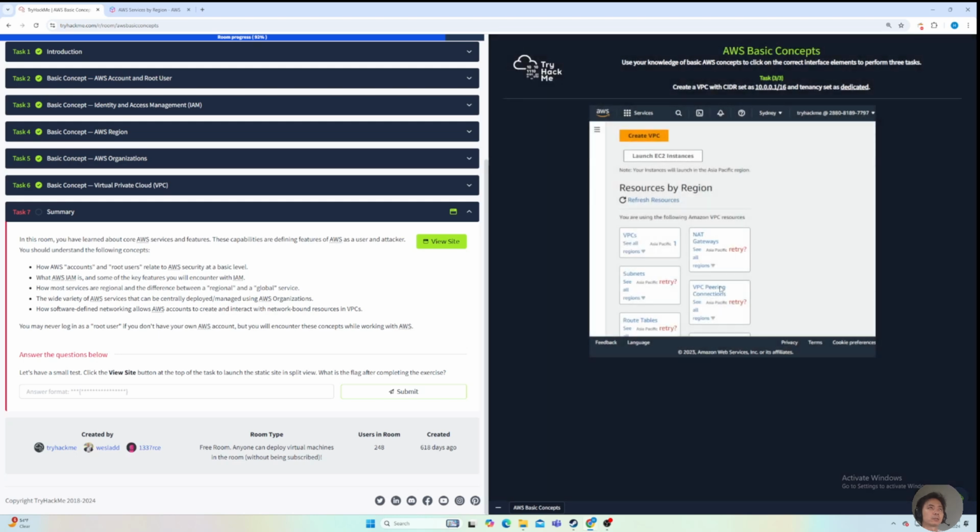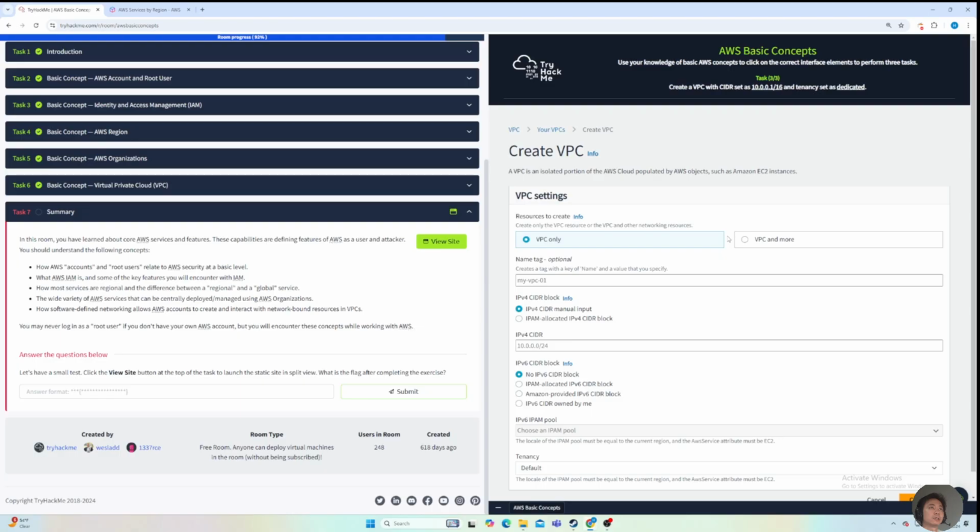Create a VPC with CIDR set to 10.0.0.0/16. Create VPC, with tenancy set as dedicated.